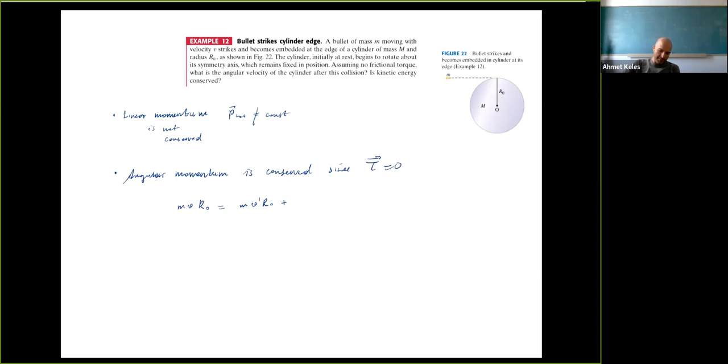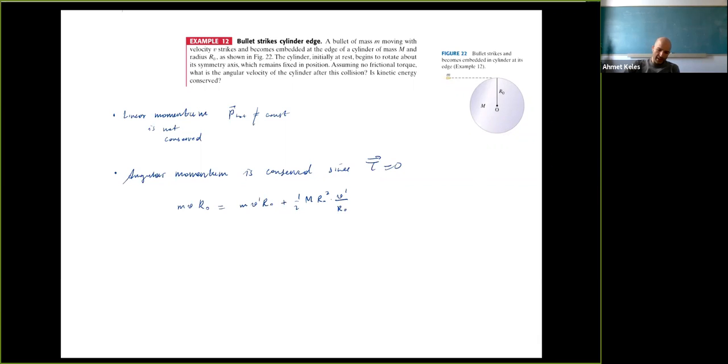And there will be the disk. The cylinder has mass m and radius r naught, so it's 1/2 m r0 squared times omega, and omega is equal to v prime over r naught, right?